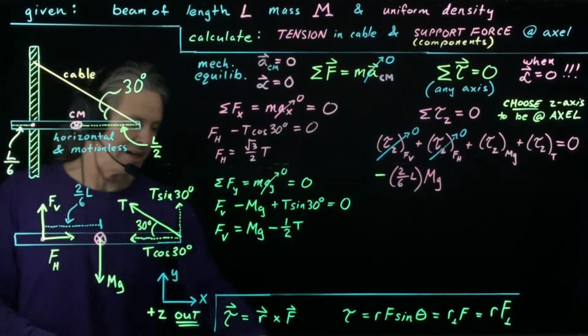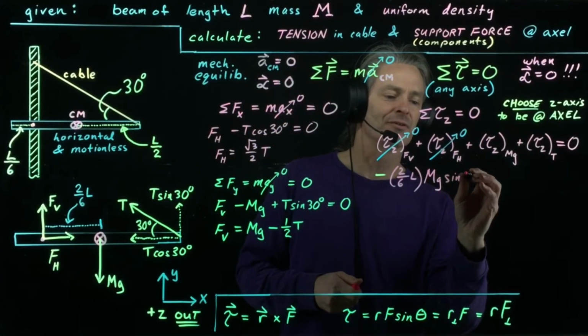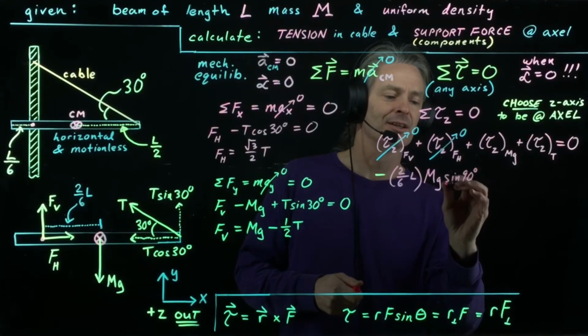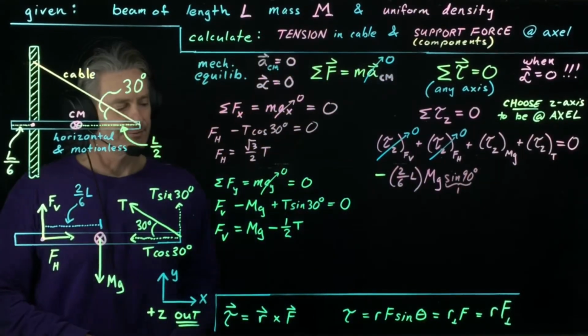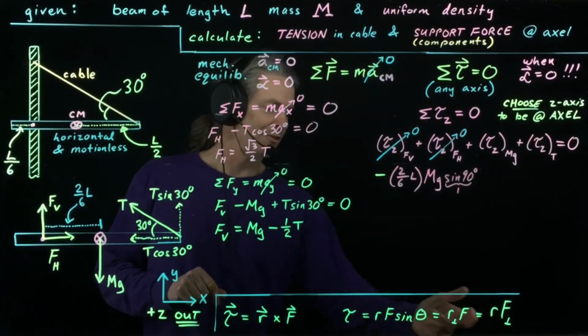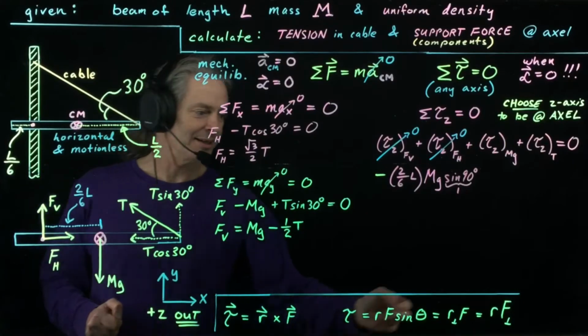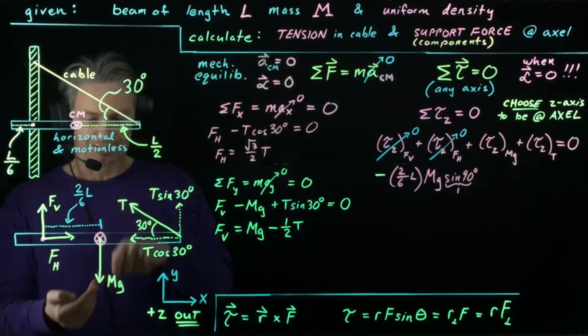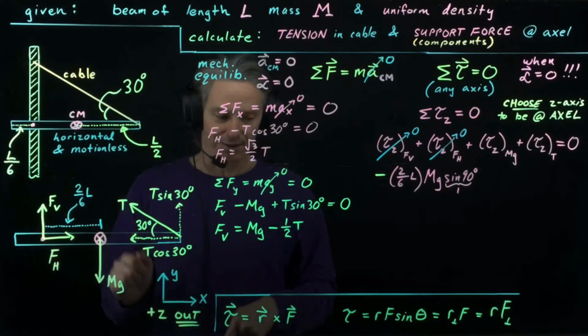So I need the sine of 90 degrees, and that's 1. But I'll write it in there just so we've got it. Sine of 90 degrees is equal to 1. Okay, great. We could have also just used this expression right here, where the r is the 2/6 L and the F perpendicular is mg, because it's entirely perpendicular. This is entirely perpendicular to that.